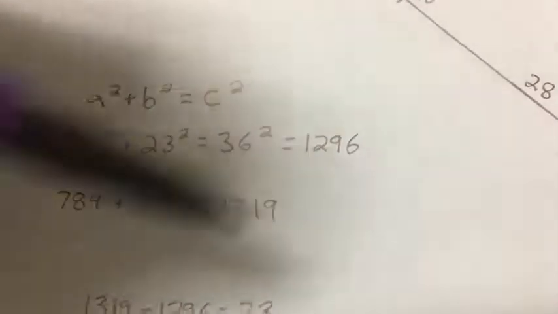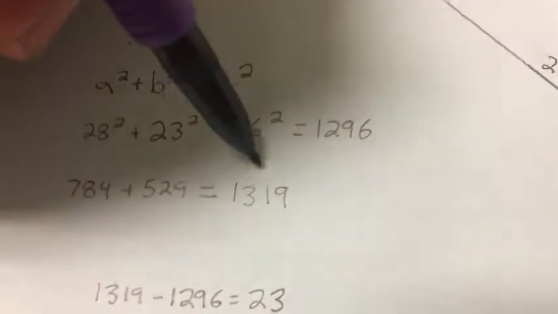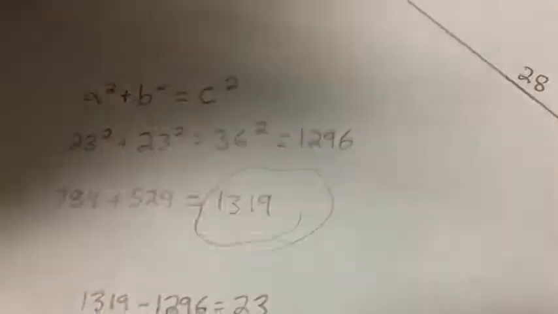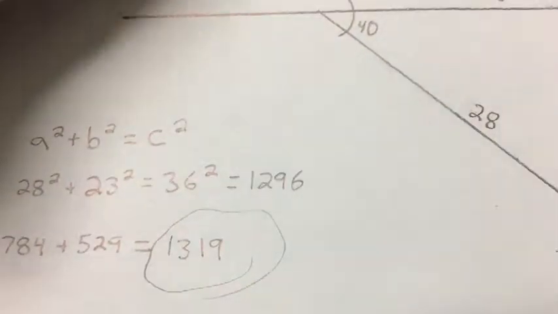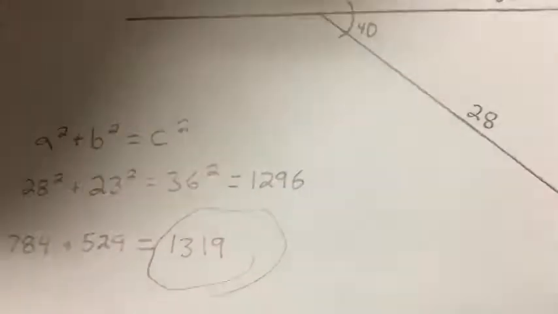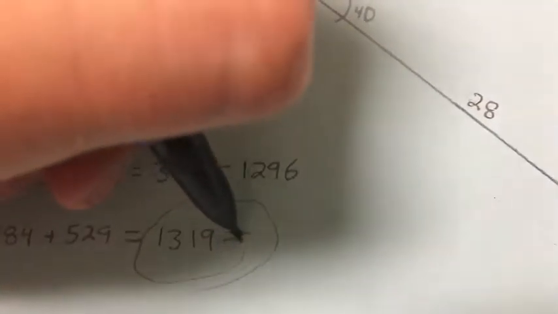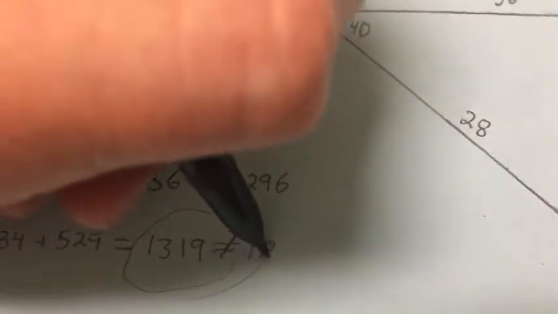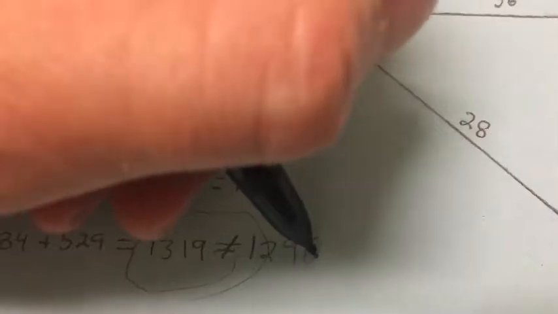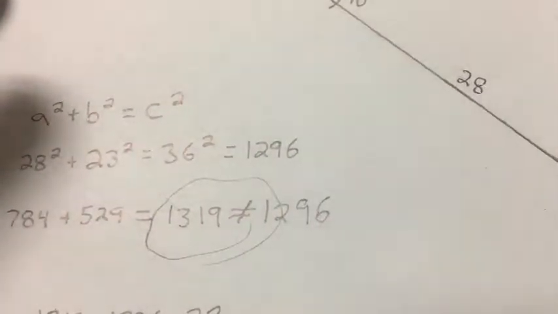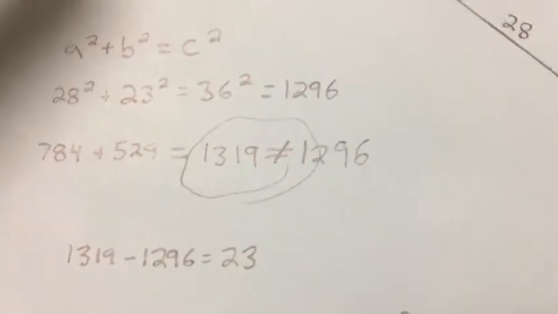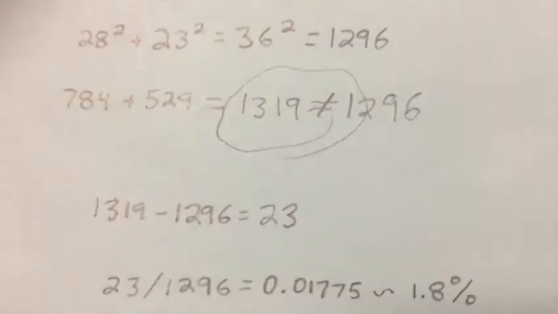Now, I square 28, I get 784. I square 23, I get 529. But that equals 1319, which is not equal to 36 squared. 36 squared is 1296. But this is a graphical representation.